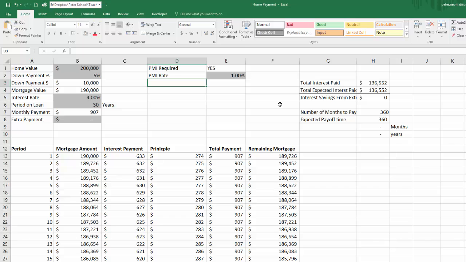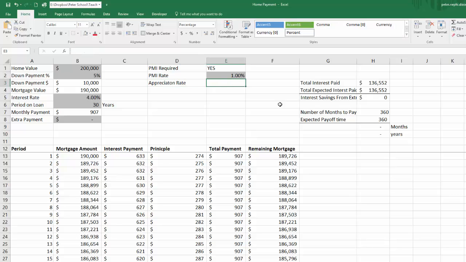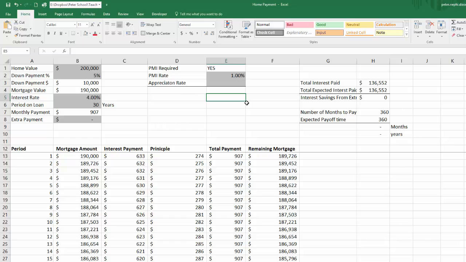And the next thing we need to know is our house appreciation. Because there are two ways that we can drop our PMI insurance when we have a sufficient amount of equity in the home, meaning that our home is worth more than our mortgage by at least 20%.